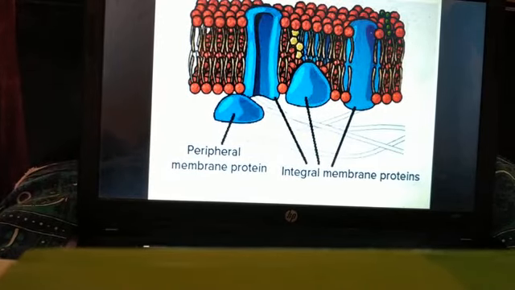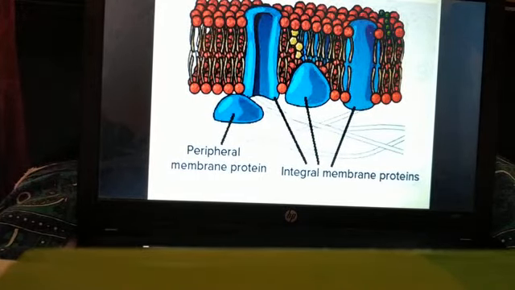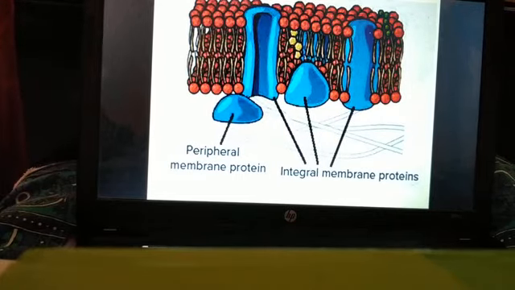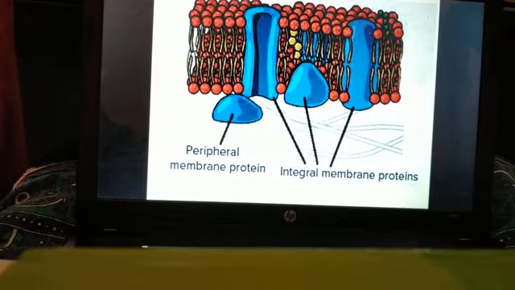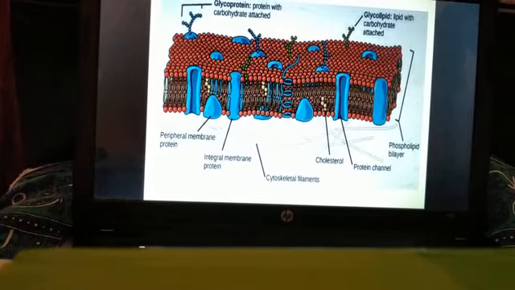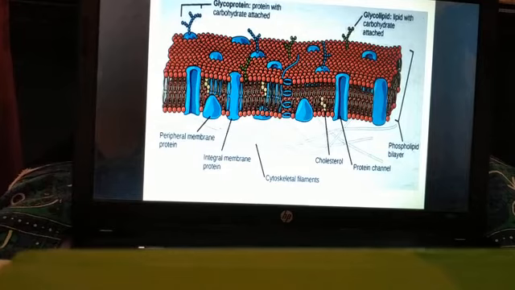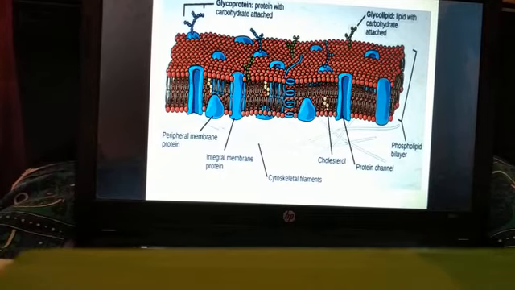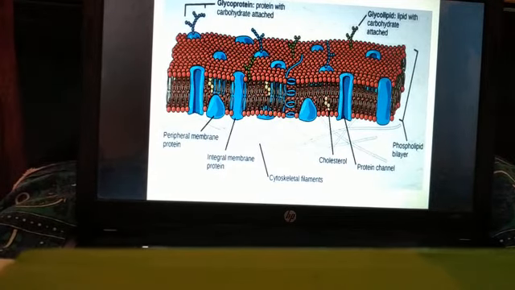This model showed that the plasma membrane is fluid in nature and the proteins float in this fluid. Apart from lipids and proteins, the plasma membrane also contains a small amount of carbohydrates like glycoprotein and glycolipid.